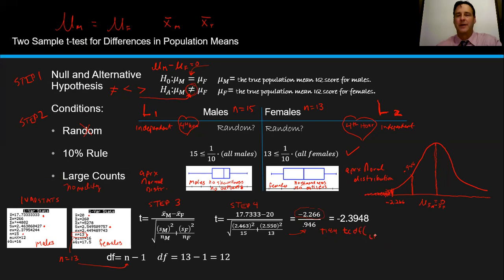My lower boundary for my TCDF command is how far we are going in the negative direction, and you can see this goes infinitely to the left, so I'm going to just say negative 1,000 there. Then how far does it go to the right? Well, it stops here at the test statistic, which is negative 2.3948. That is your upper bound.